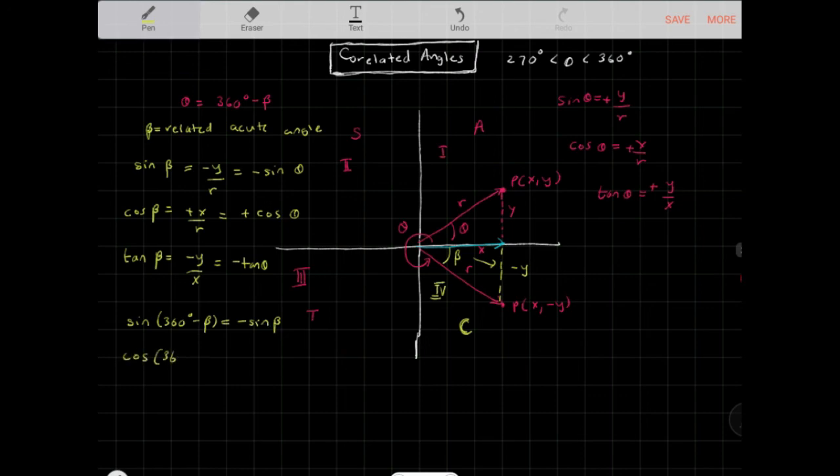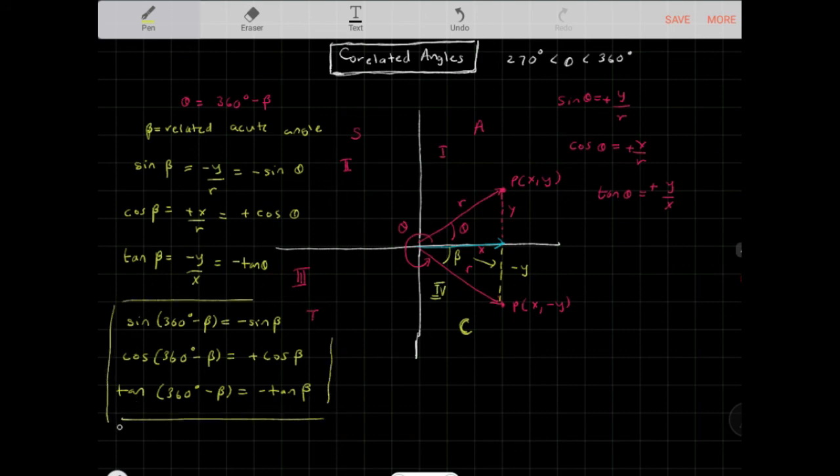Cosine 360 minus beta is equal to positive cosine beta, and tan 360 degrees minus beta is equal to negative tan beta. Okay, so these are our correlated angle equations in the fourth quadrant.